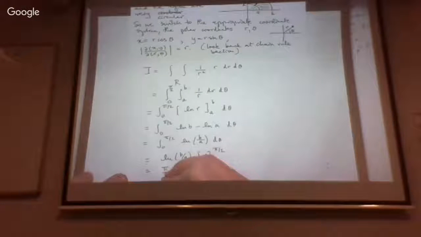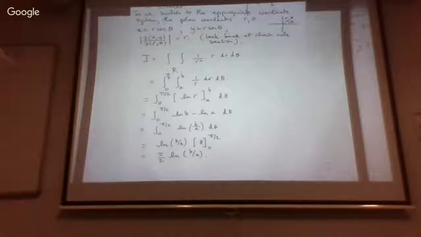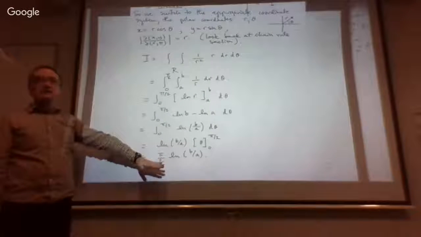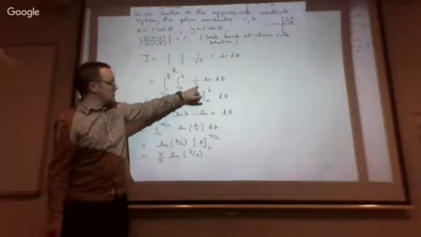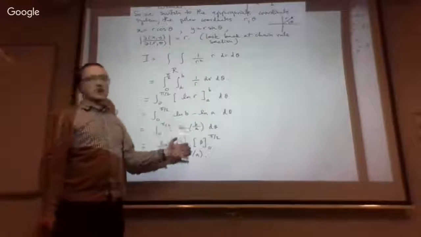So you just get pi over 2 times the logarithm of b over a. Okay, so the integration is trivial, really. Nothing complicated in the integration, just standard function, integral of 1 over something is the natural logarithm, then integration of a constant.